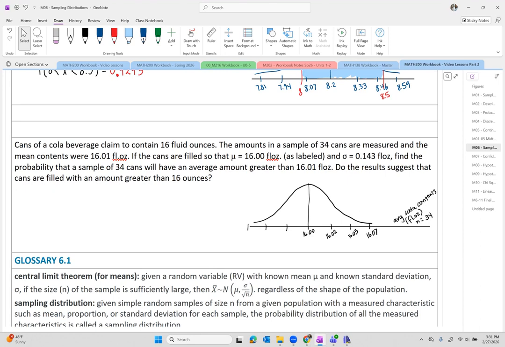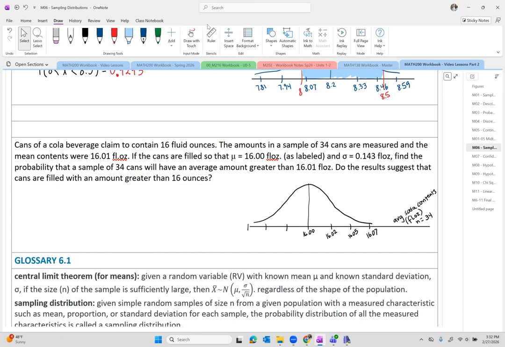So your question is whether an average from a sample of 34 cans of 16.01 is an unusual average. Unusual meaning having a very low probability of occurring if it came from that population.